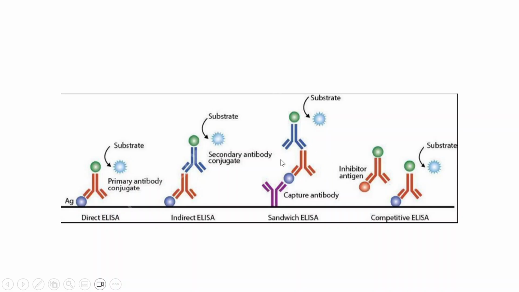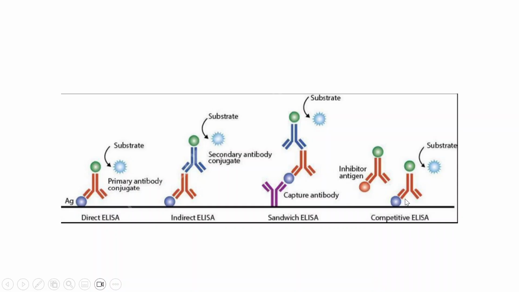Now detection can be done in two ways. Either you can have a direct ELISA kind of detection where you add the antibody that is having some kind of substrate specificity, or you can add a primary antibody and then a secondary antibody for making it more specific. So that depends, but this is kind of a sandwich. Then the last one is competitive ELISA.